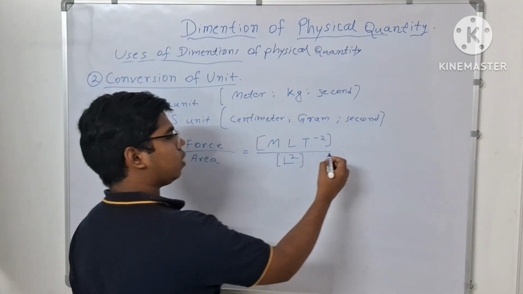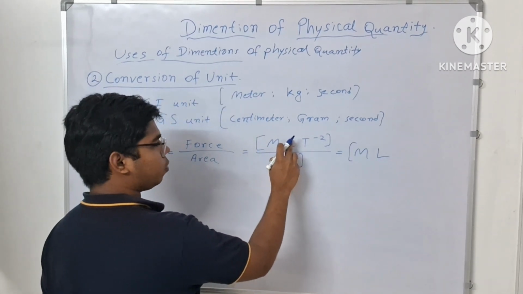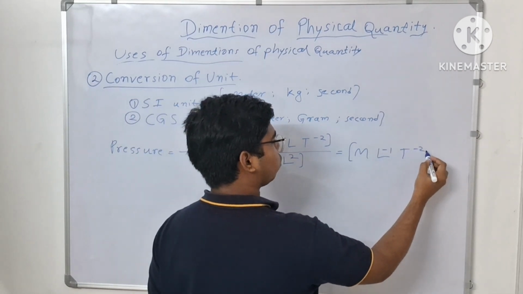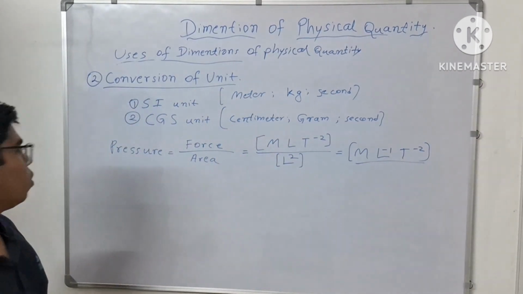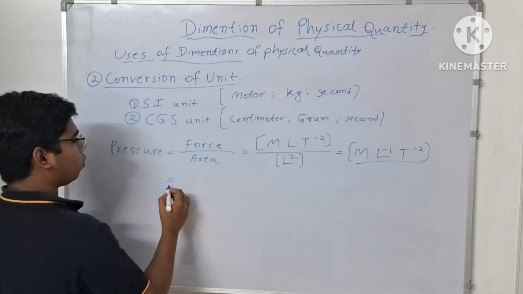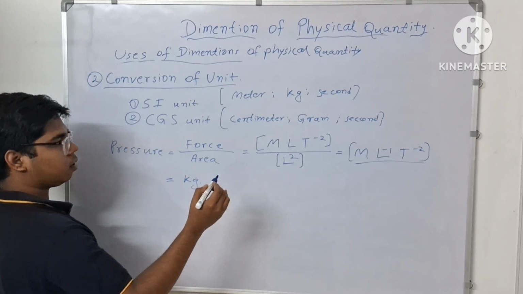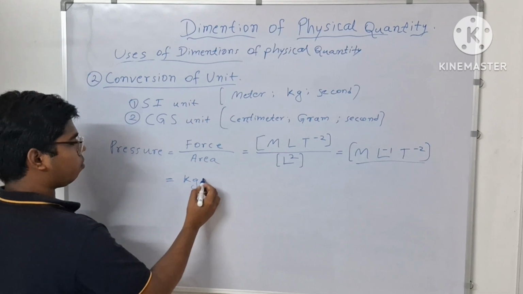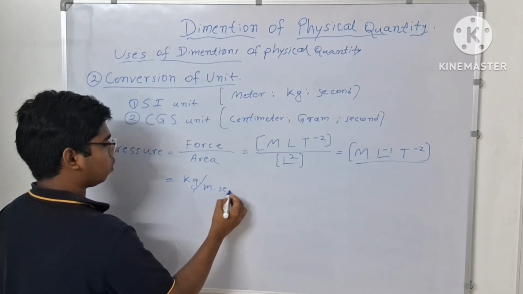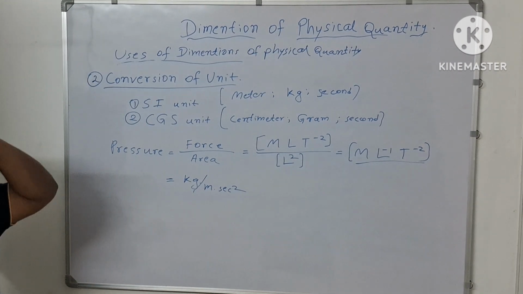If we take it to the numerator, then it will become M L, here its power is 1, its power minus 2, L minus 1, T minus 2. This is the dimension of pressure. So using this, we can define the unit as mass kg multiplied by, all are in minus power, so kg meter minus 1 second minus 2. This is the unit of pressure.